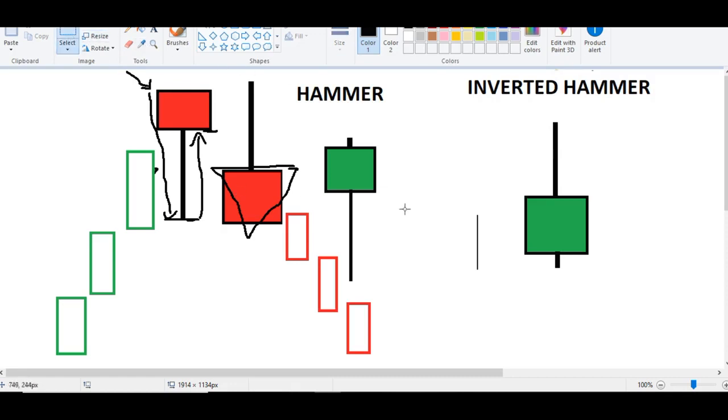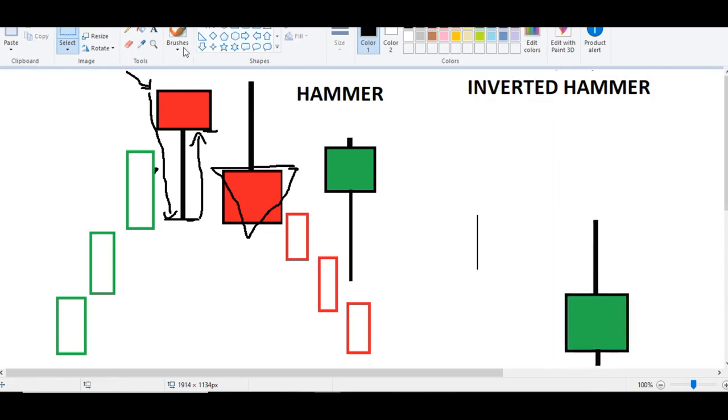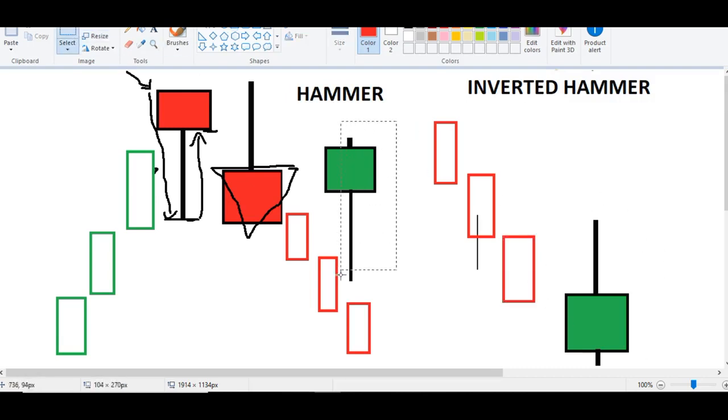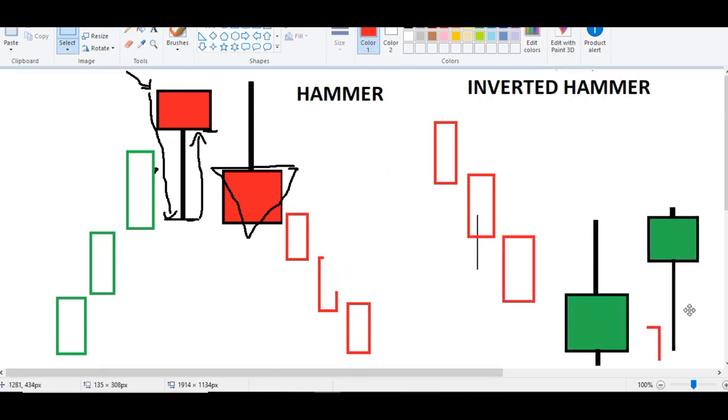And the same thing if price were in a downtrend. Right? If price is coming down, down, down like this, and then at the bottom, we see this. Let me move this here, right? We see either of these candlestick patterns. This is a very, very good sign that price may reverse from here and start to move higher.